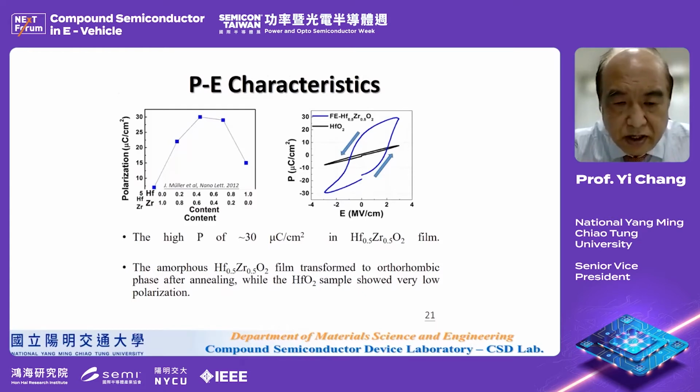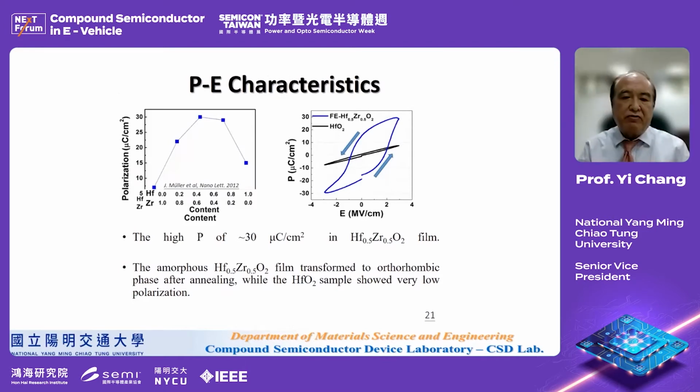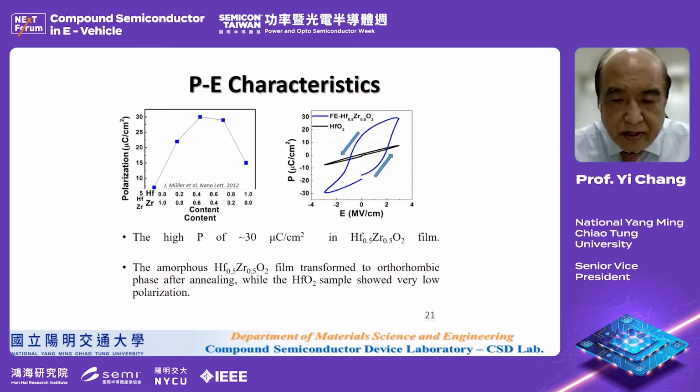Usually you have to form a crystalline phase, so this material can have good polarization. After you form this material, you have to anneal to get good polarization. Usually hafnium oxide alone doesn't have this polarization.